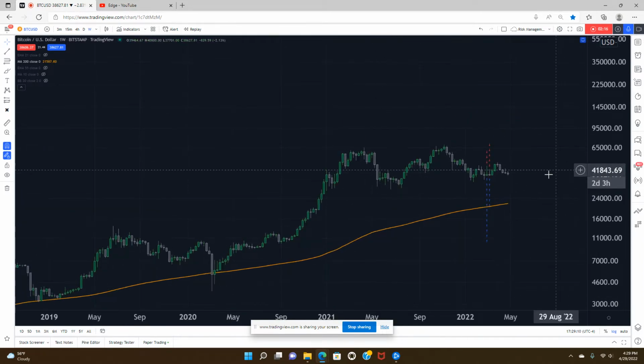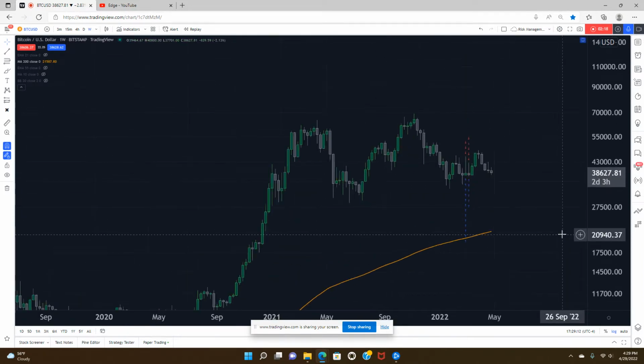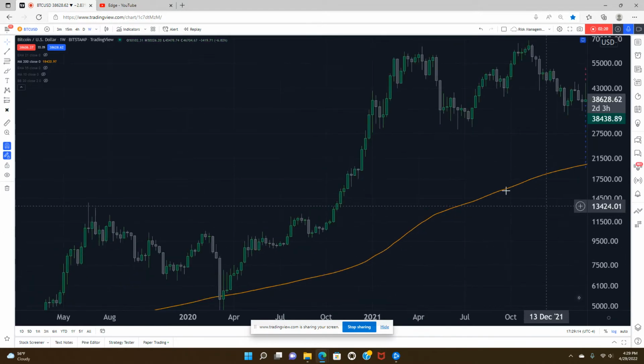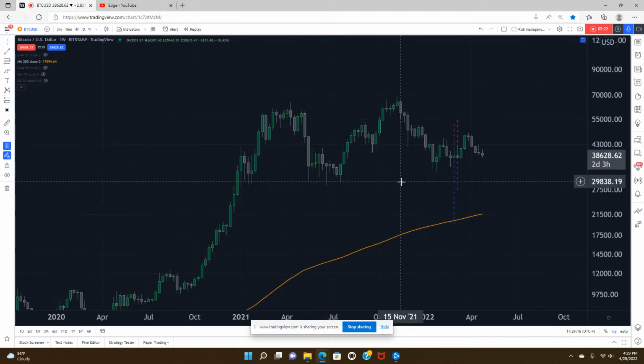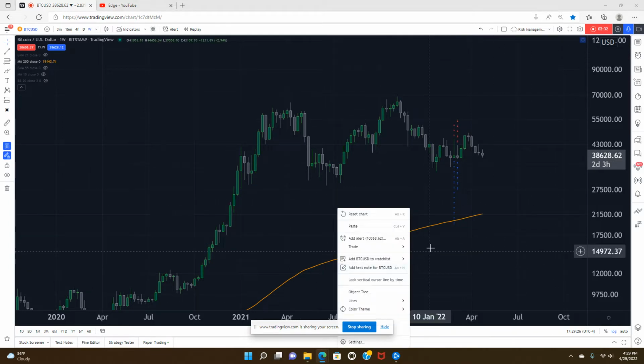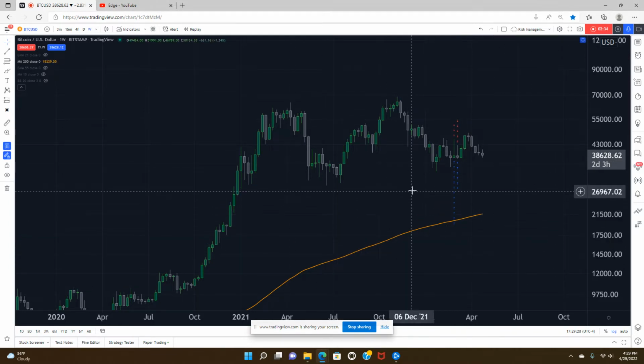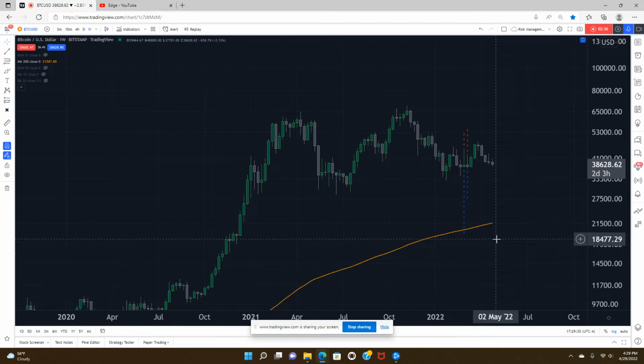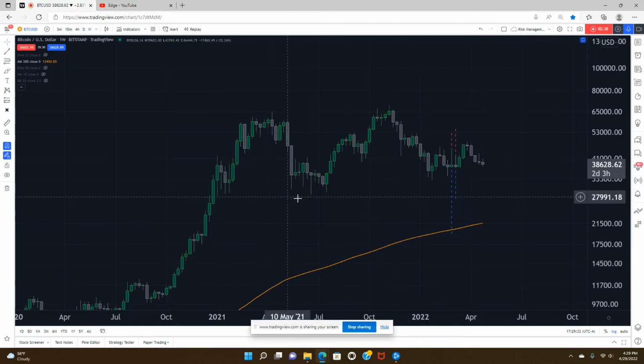Now we're in a scenario where, because of this more than a year consolidation, not necessarily a bear market, but just a year-plus consolidation, the 200 moving average is creeping up towards price. So maybe you are bearishly inclined and you think these lows will get violated.